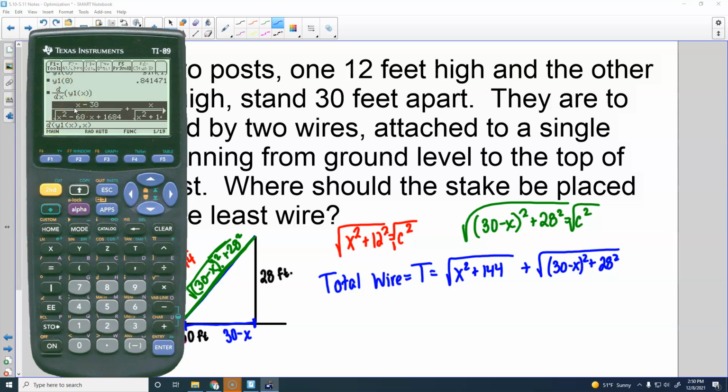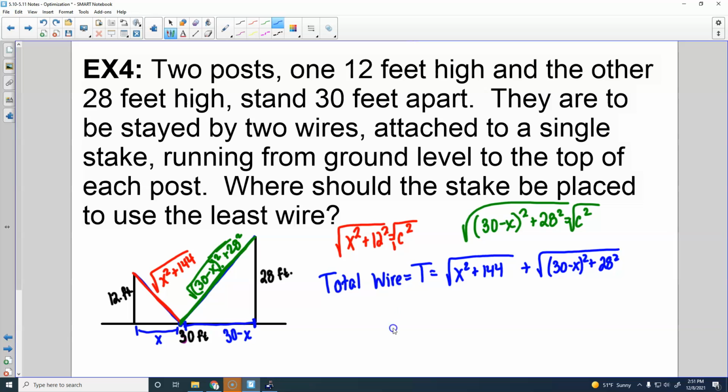You can copy on these calculators so that you don't have to write that down and then put it back in. So to find that derivative, you're doing dy1 of x, comma, x, close parentheses.